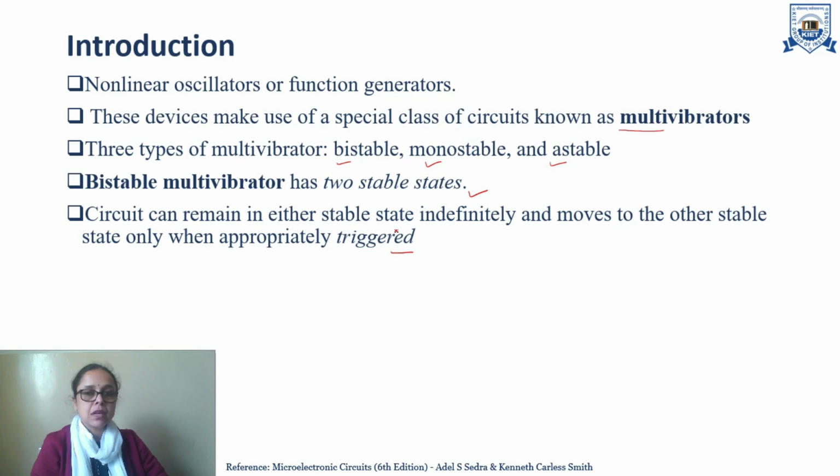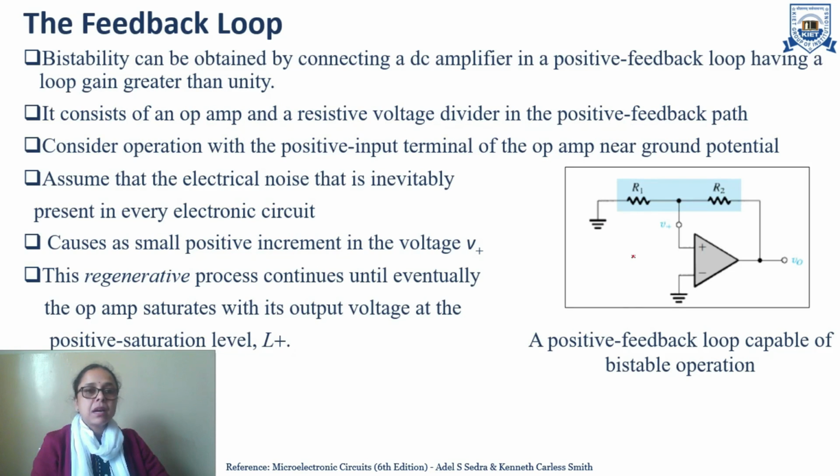that we will see how it is the part of non-sinusoidal oscillators. Now the bistable circuits can be obtained by connecting a DC amplifier in a positive feedback configuration. Here this is an operational amplifier and it is connected with positive feedback.